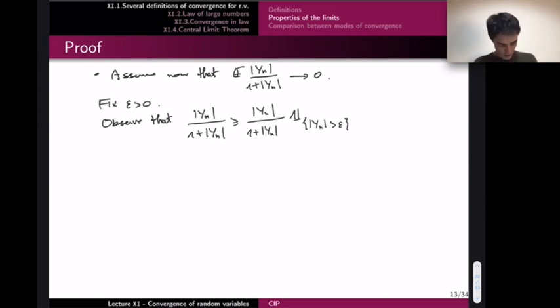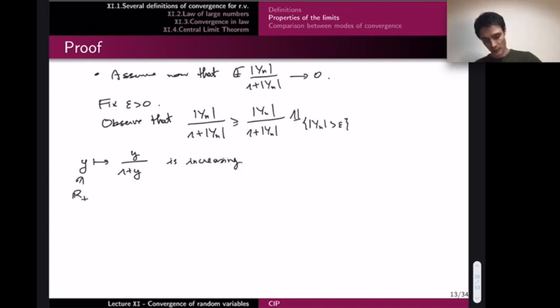Also observe something. Look at the function which maps y to y divided by 1 plus y, for y in R plus. This function is increasing. You can plot it if you want.